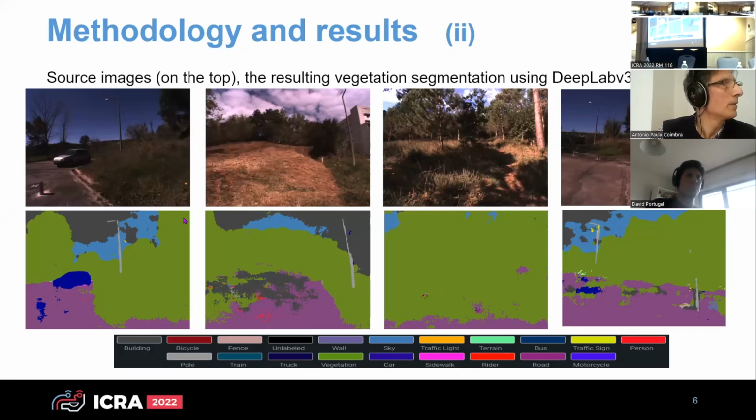And when we have hard lighting, we still have a positive identification of vegetation. But when we have cut vegetation, we have some misinterpretation. So here the results are not so good when we have cut vegetation.